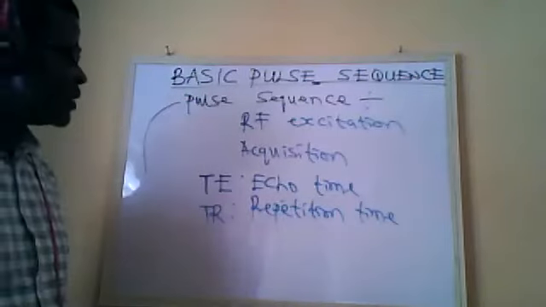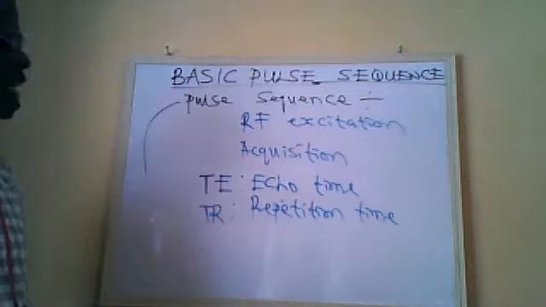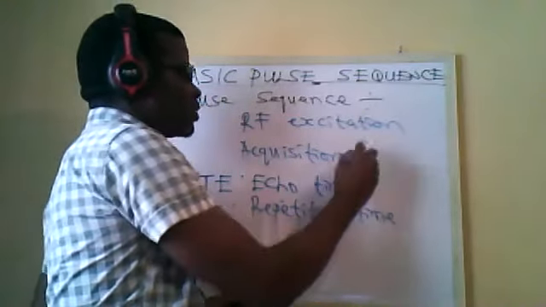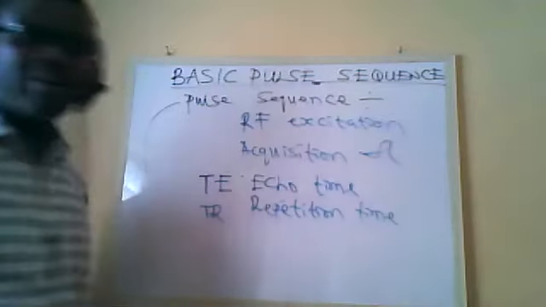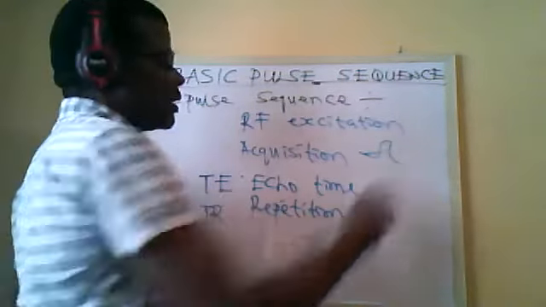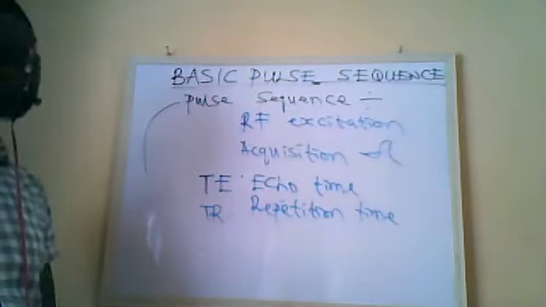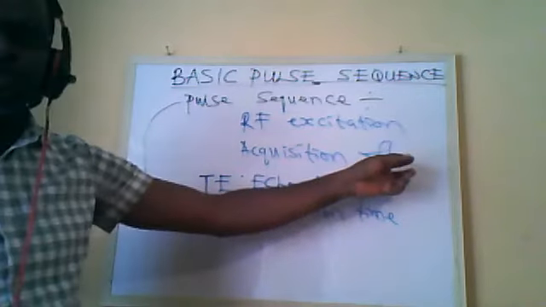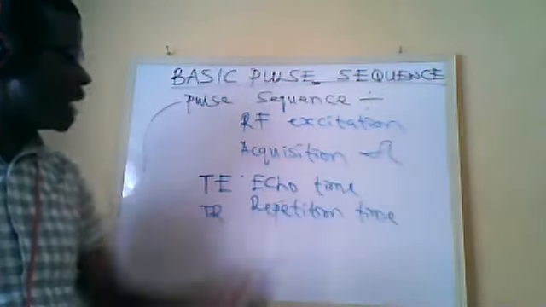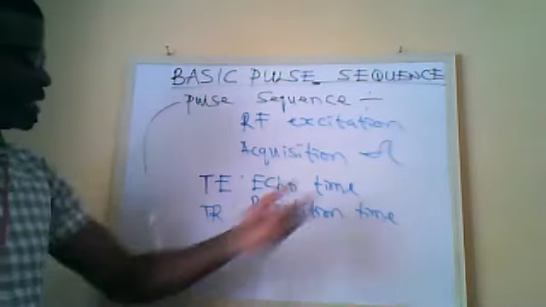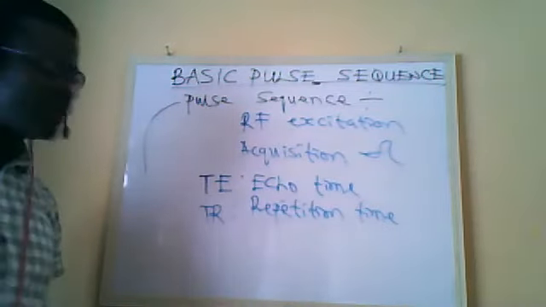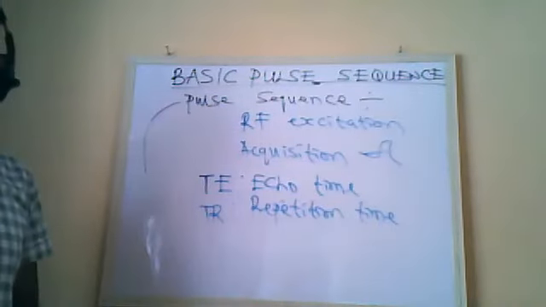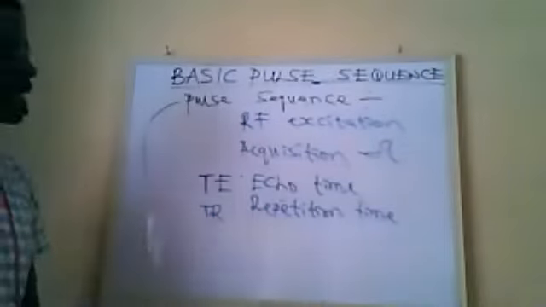So echo time is the time from when we apply our RF pulse to the time we sample our signal. From the time we turn on our RF pulse to the time we sample our signal is the echo time. Whereas the repetition time is the time lapse between getting one signal and getting another signal.